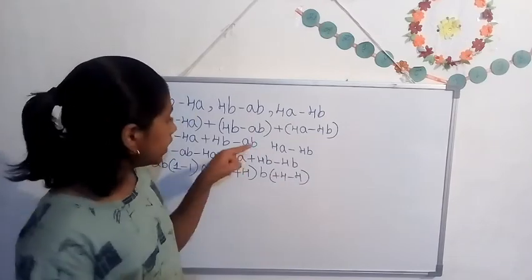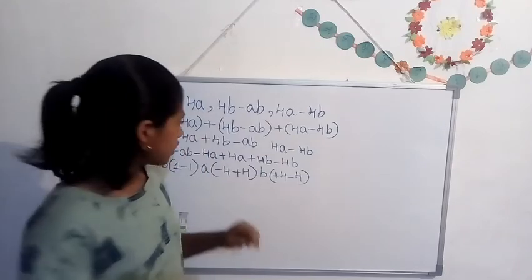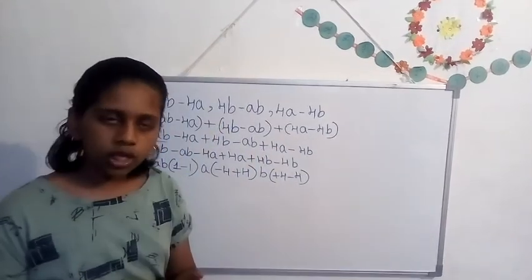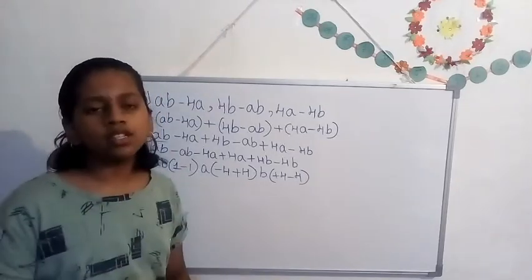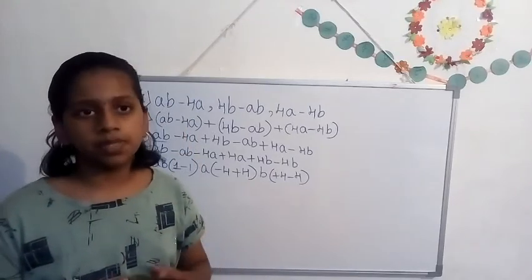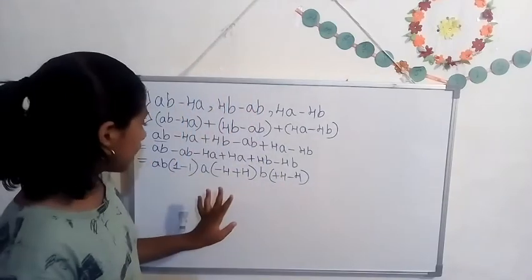But it's wrong. Here we cannot solve this problem. It is a wrong way. So we should use plus 4a only, plus 4b, minus 4b. Like that only it should be while solving the sums.